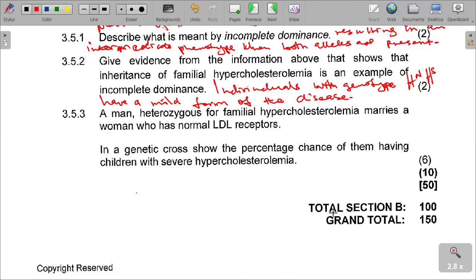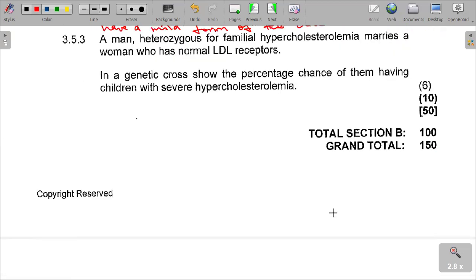The next question is saying a man heterozygous for the condition marries a woman who is normal, and then in a genetic cross show the percentage chance of them having children with severe condition. So we just need to refer also to the channel as well.